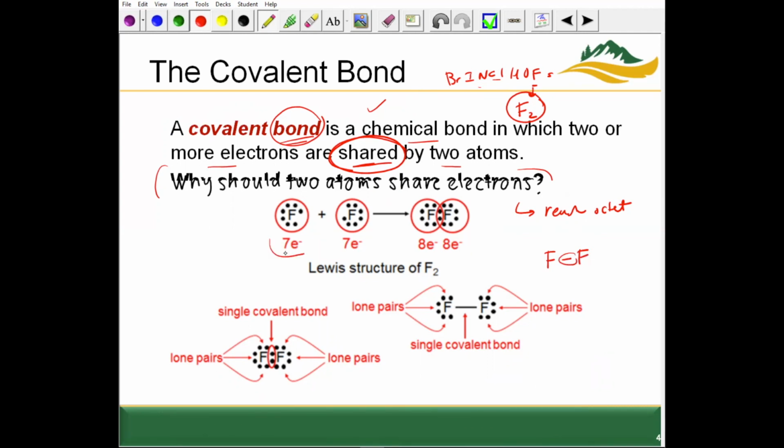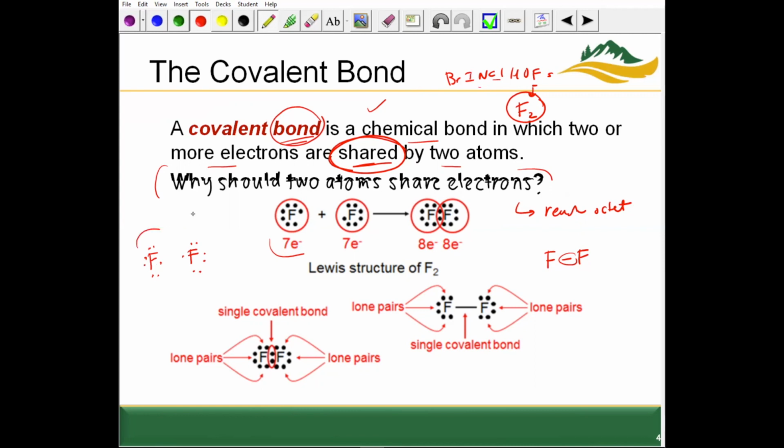So we just looked at fluorine having 7 valence electrons on its own, and to draw in those electrons, we'll draw 1, 2, 3, 4, 5, 6, 7. We have 2 of these fluorine atoms just like this. So 1, 2, 3, 4, 5, 6, 7.